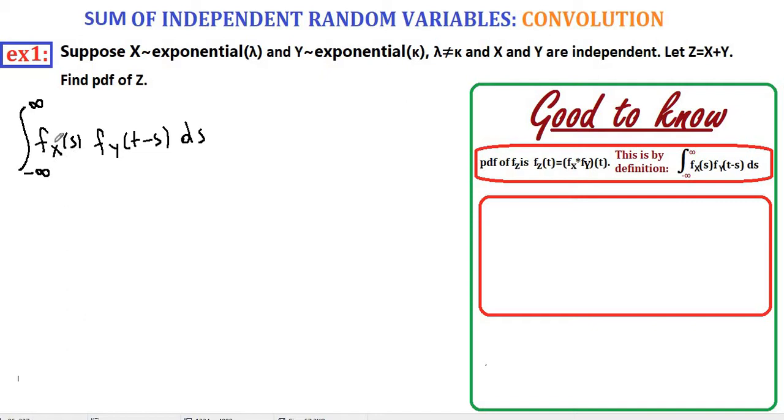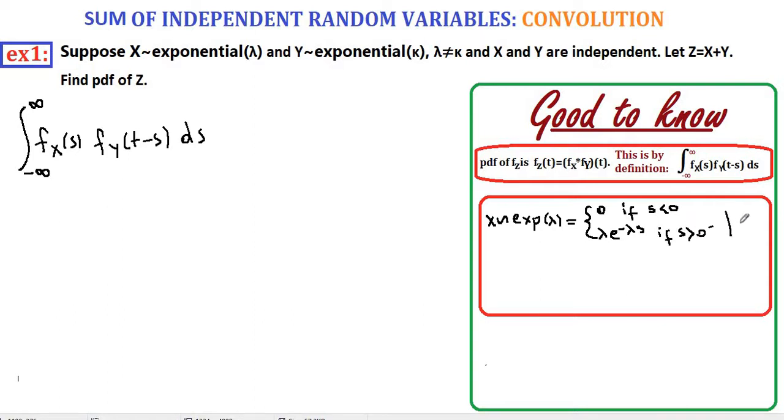Here, fX(s) is our X exponential random variable. So we need to know the density function of an exponential random variable. X exponential with parameter lambda has this density function. The density function is 0 if the variable s is less than 0, and it is lambda e to the negative lambda s if s is greater than 0.